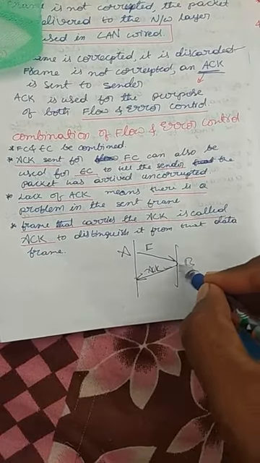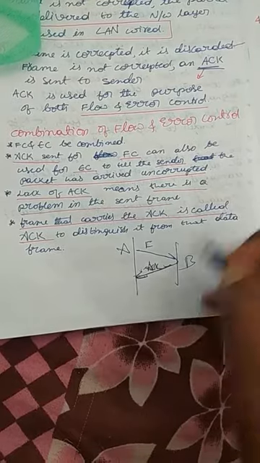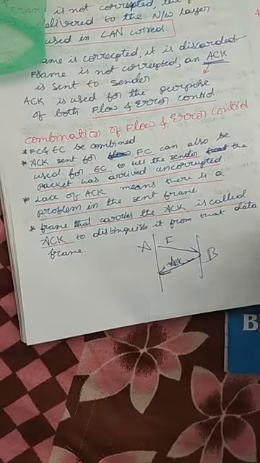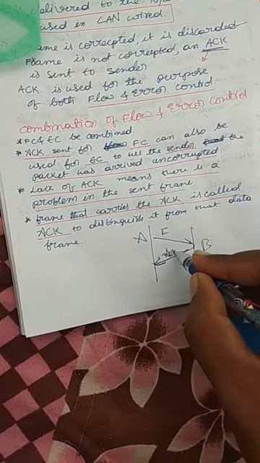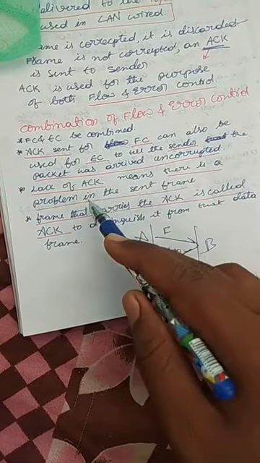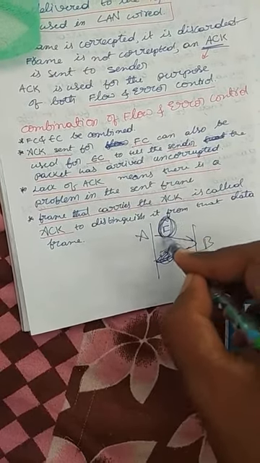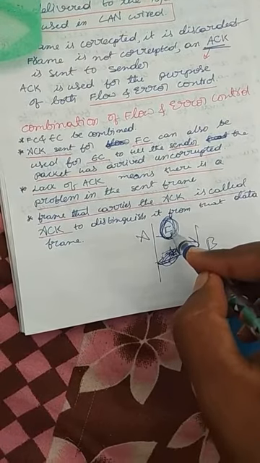It will send the feedback to A by giving the acknowledgement. If this does not happen, this lack of acknowledgement means there may be a problem in the sent frame.